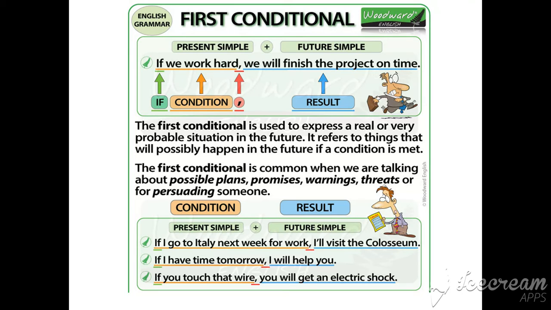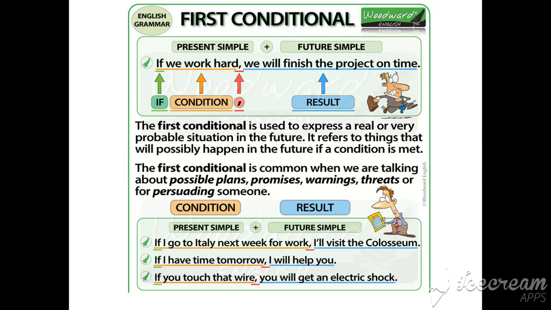It refers to things that will possibly happen in the future or in the present if a condition is met. It can also talk about imperatives as well. The imperative includes your promises, your warnings, your threats, if you're persuading someone, and your possible plans as well.